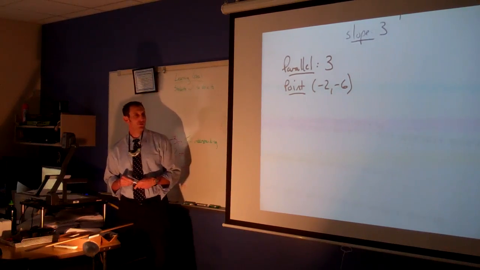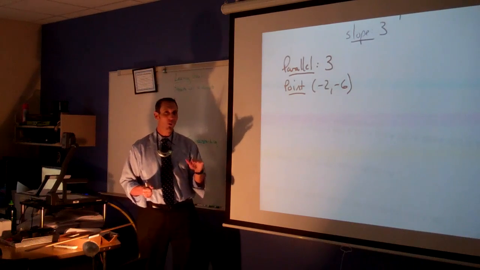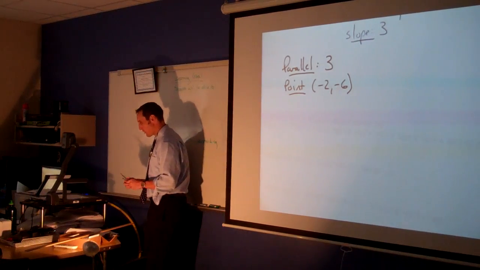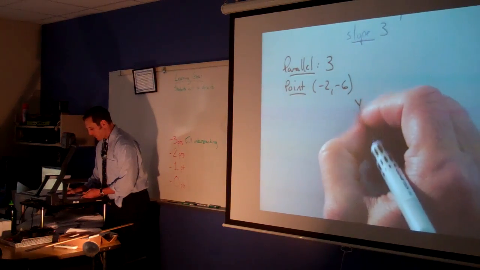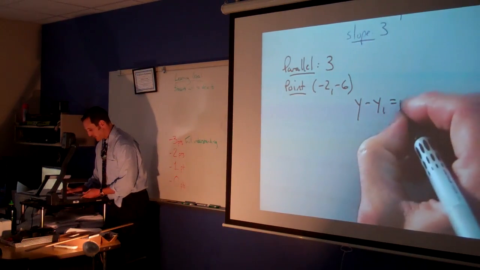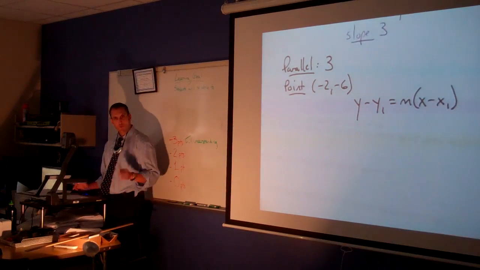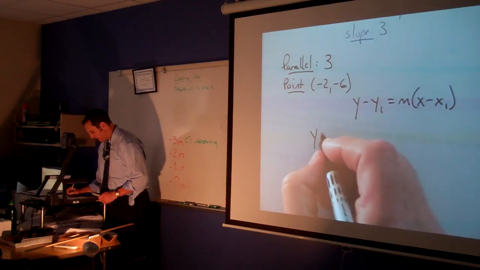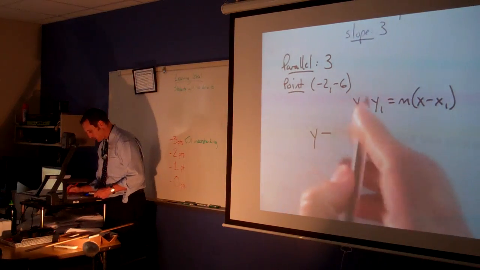And if what I'm about to do is still confusing, go back to watch the other video on using point-slope form to write equations. So, recalling point-slope form: y minus y1 equals m times x minus x1. The y stays y, the minus sign is from the formula, y1 is from the ordered pair.